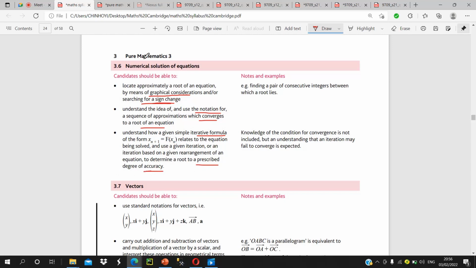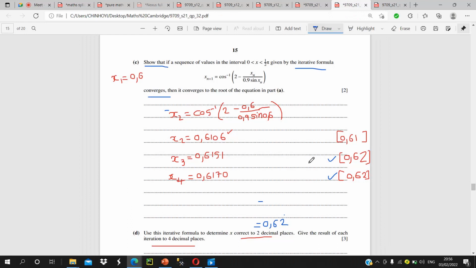Like in this case, the degree of accuracy was 2 decimal places, but our iterations were giving answers correct to 4 decimal places, right? Yes. So don't forget to put the 4 decimal places into the original formula, not the 2. Yes. Okay.